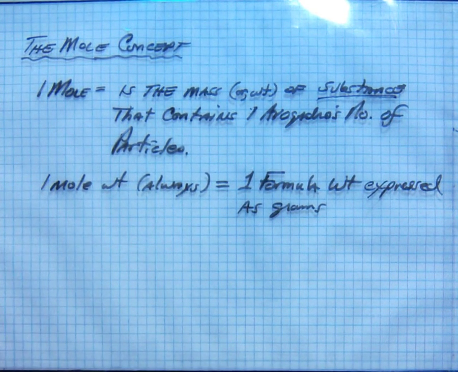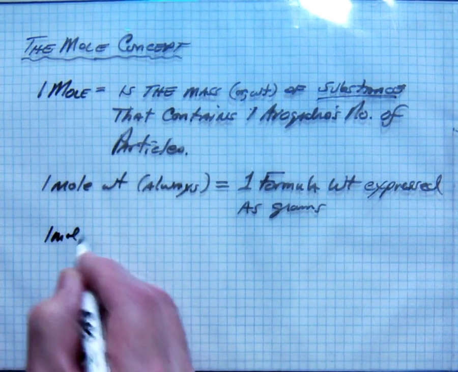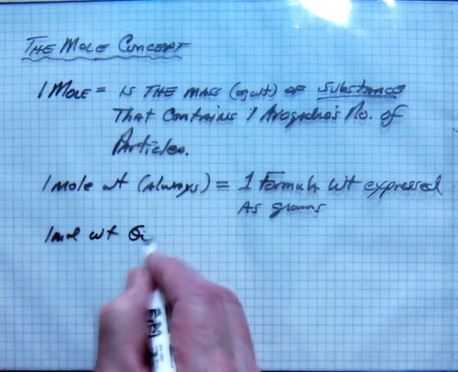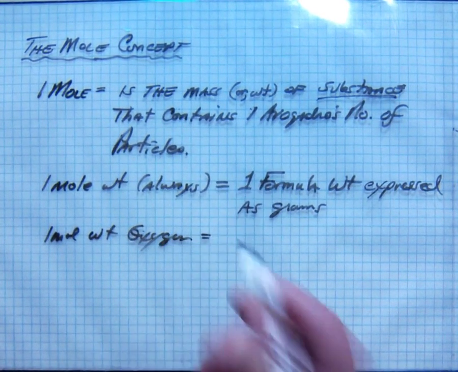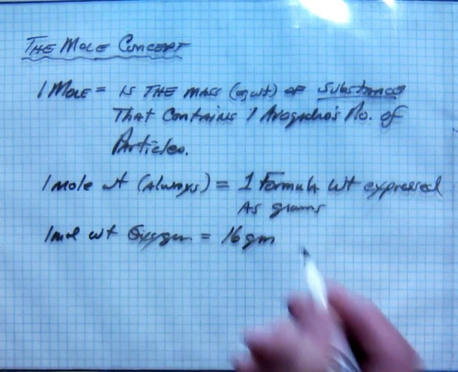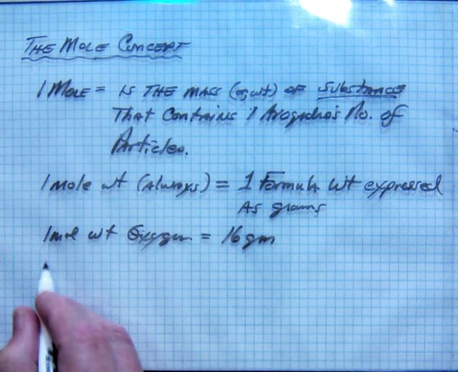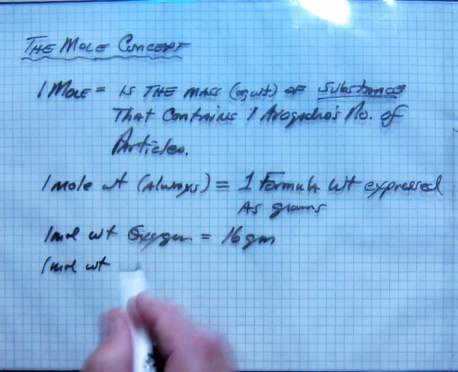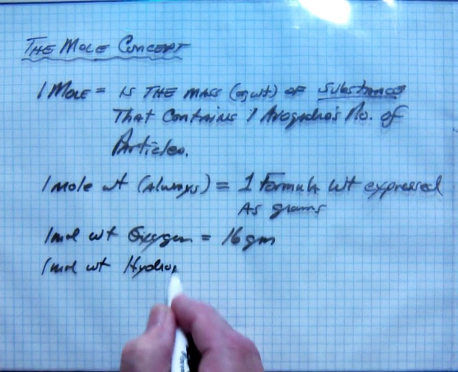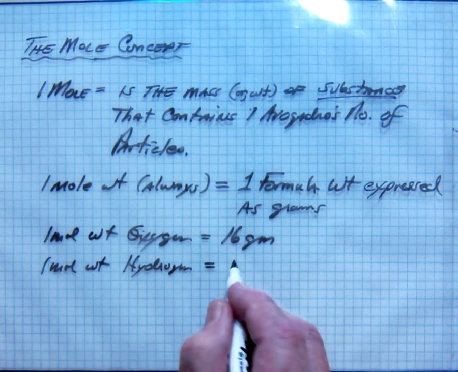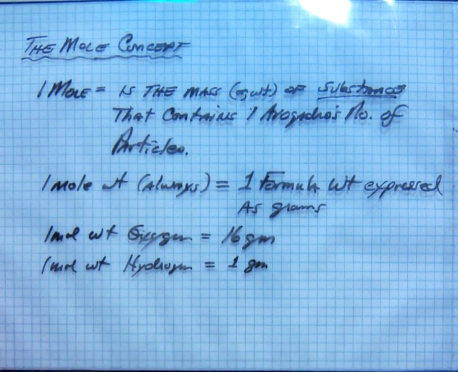So when we talk about, say, 1 mole weight of oxygen, we can simply say that's 16 grams. Or 1 mole weight of hydrogen is equal to 1 gram. Gram mole weight, however you wish to use it.